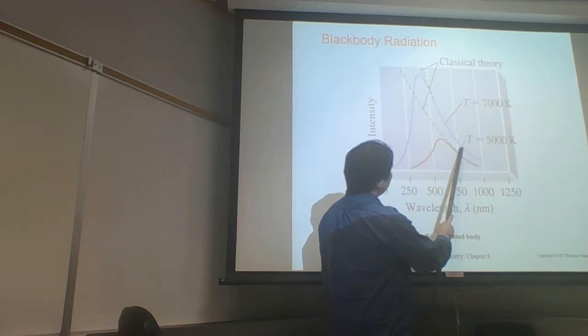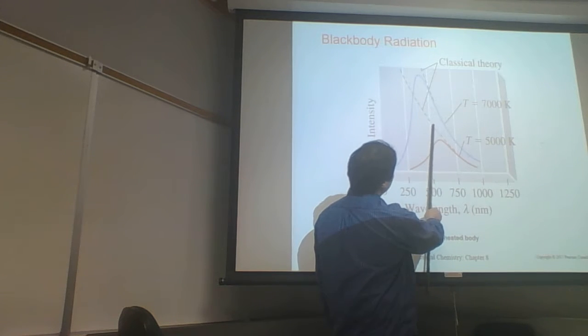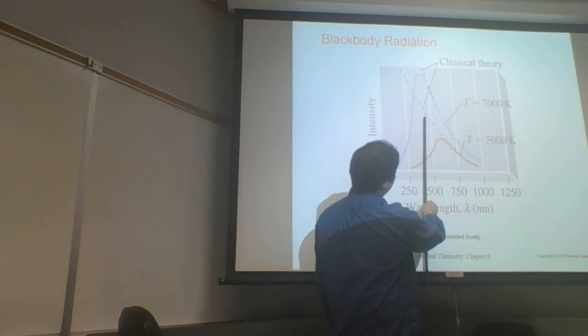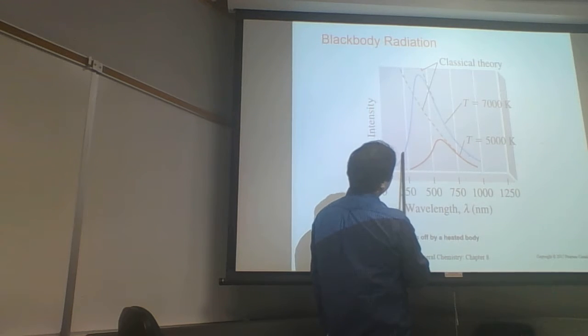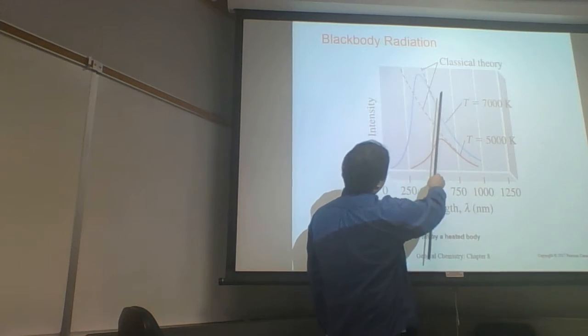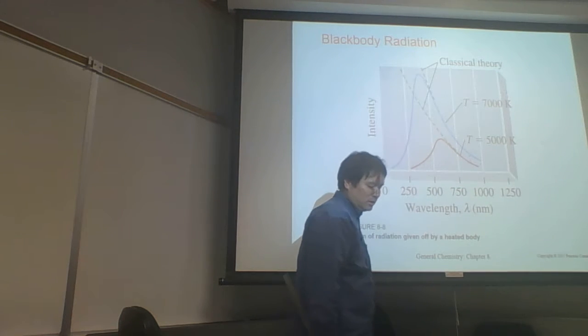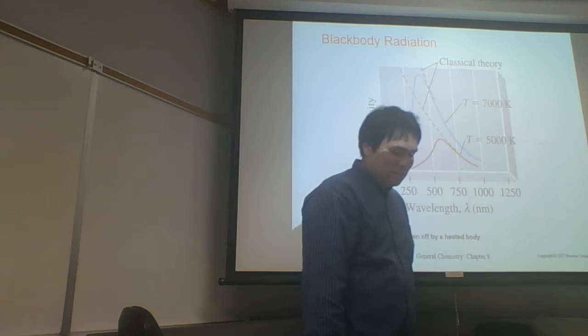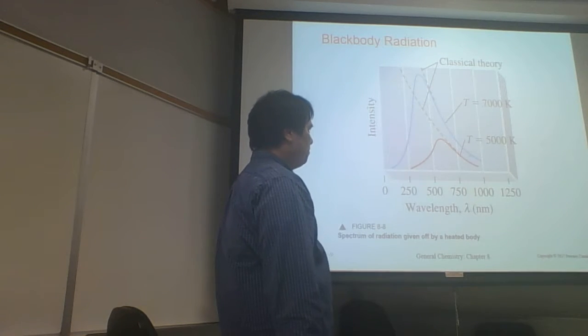As we get the object hotter, it starts to shift to higher energy colors like blue, violet, and a little bit of ultraviolet is being emitted. And then we can continue heating it up. But what happens is this. As we continue heating this up, the UV emission isn't what's predicted.